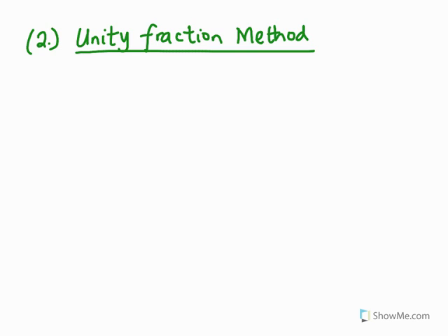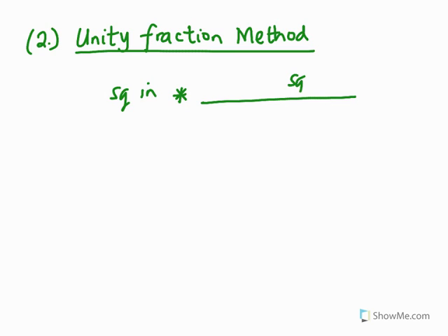With the unity fraction method, I will come first and write square inches, because that is what I was given. I was given square inches. And then I will put my multiplication sign, an asterisk, or you can use a dot. So you write square inches, which you were given, and you want to convert to what? To square feet, right?